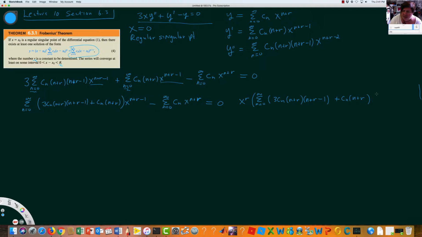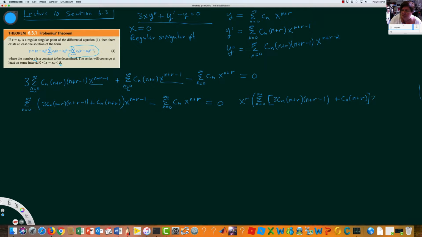All right, and then that's all times, that's got another parentheses here. Sorry about that. Let me fix that. And we need 2 parentheses. Okay, n plus r. Then we need another parentheses, so maybe we should do a nice square bracket.